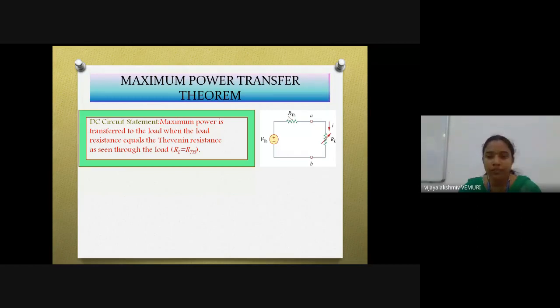When I start varying this load resistance from 0 ohms and it reaches 10 ohms, which is equal to the Thevenin equivalent resistance, then maximum power will be transferred from this source to this load. That is the point. Maximum power will be transferred from source to the load when load resistance is equal to Thevenin equivalent resistance. That is the meaning. That is the statement.